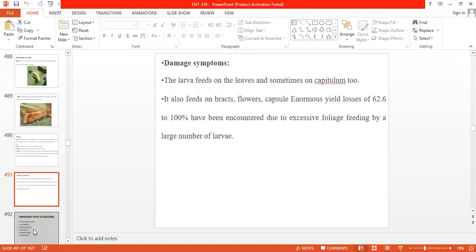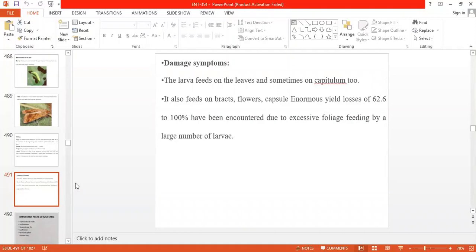Nature of damage: the larval stage is the damaging stage. Larva feeds on leaves and sometimes on the capitulum of safflower. It also feeds on bracts, flowers, and capsules. Enormous yield loss is near about 62.6 to 100% in severe cases of infestation, and it completely defoliates the plant.